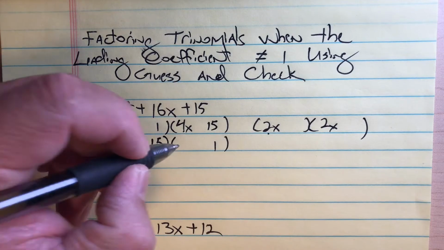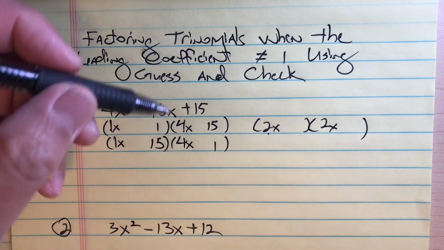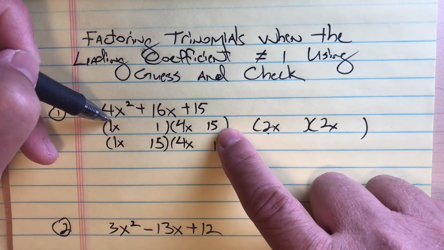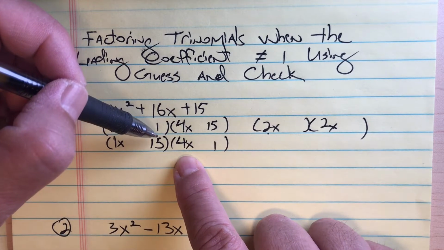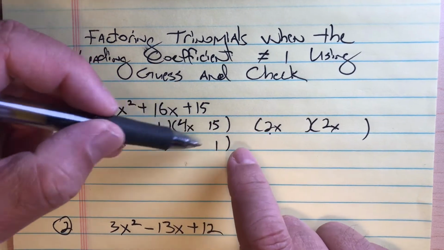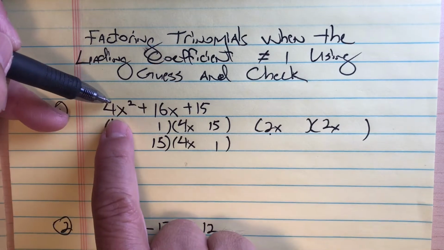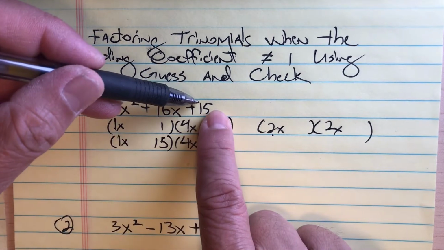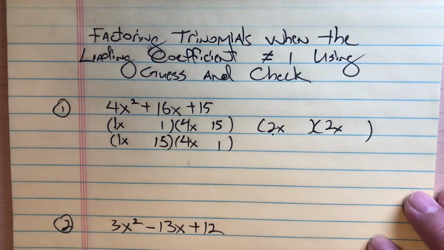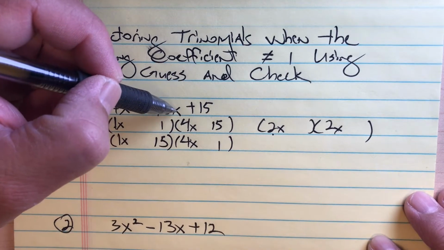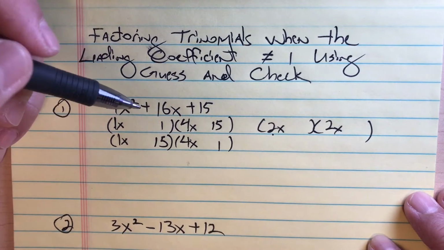So this is 1x and 4x. Do we want the 15 times the 1, or do we want the 15 times the 4? On both of these problems, the front's going to be the same and the back's going to be the same. The thing we have to concern ourselves with is the middle term, the 16x. That's what we're worried about.